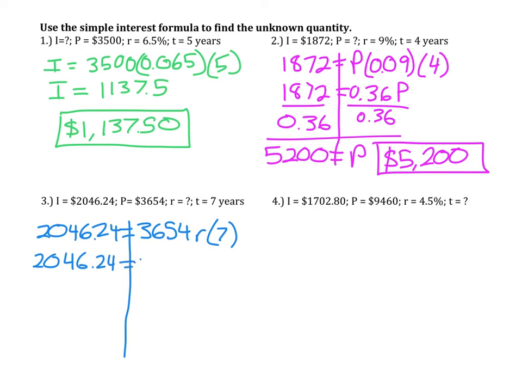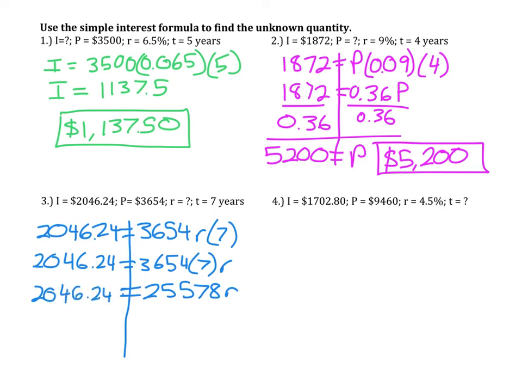I'm going to write 3,654 times 7 times R. And when I calculate 3,654 times 7, I get 25,578 times the rate.